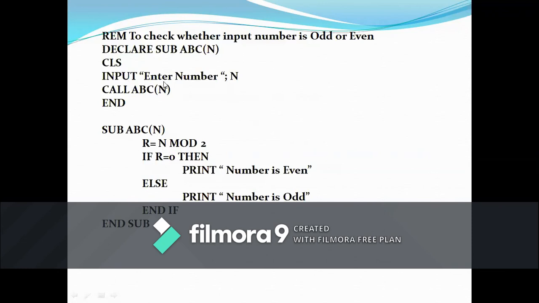And after that we have to write input statement to input number from the keyboard. Input enter number n. So n stores the input number, and after that we have to use call statement, call ABC and n. So it will call this program, means it will execute sub procedure, that is ABC, and it will pass the value of n.